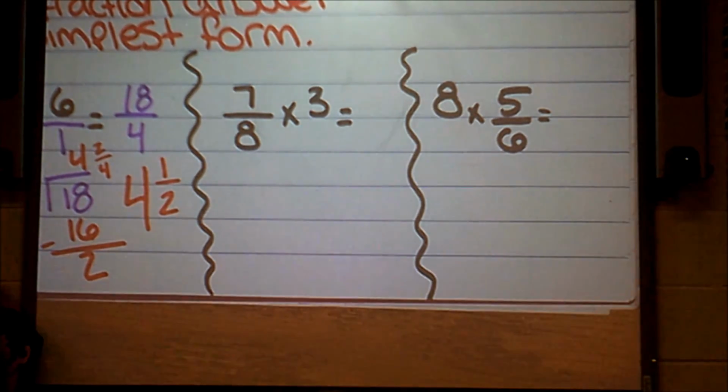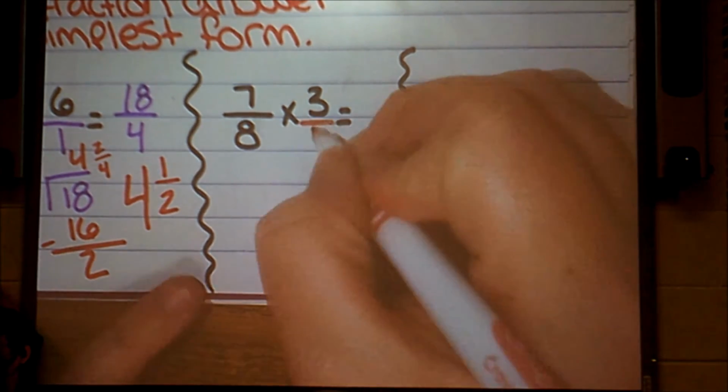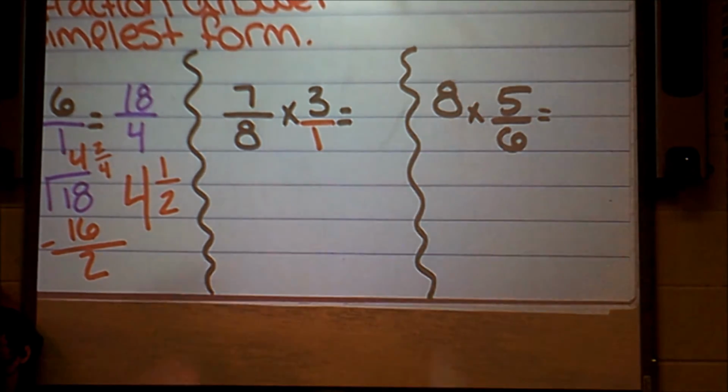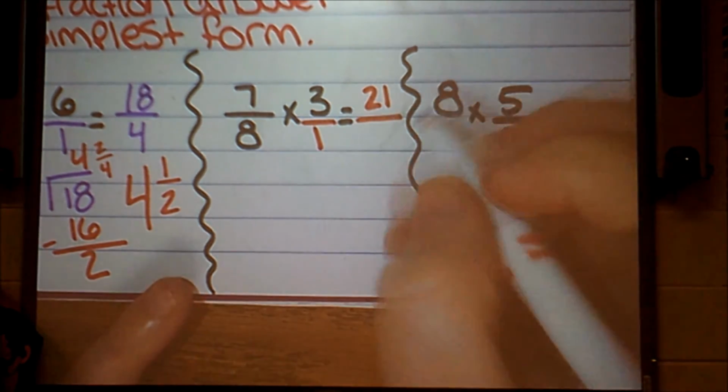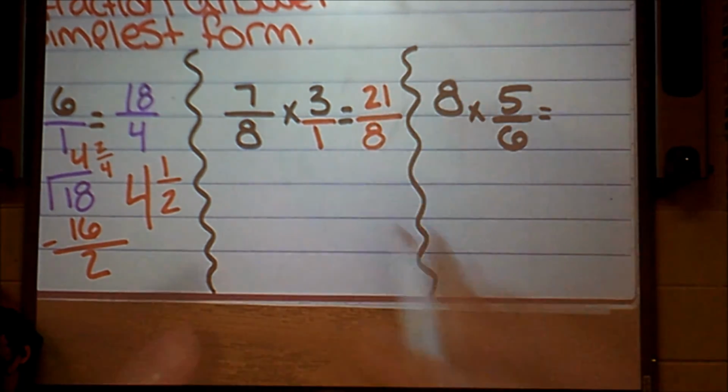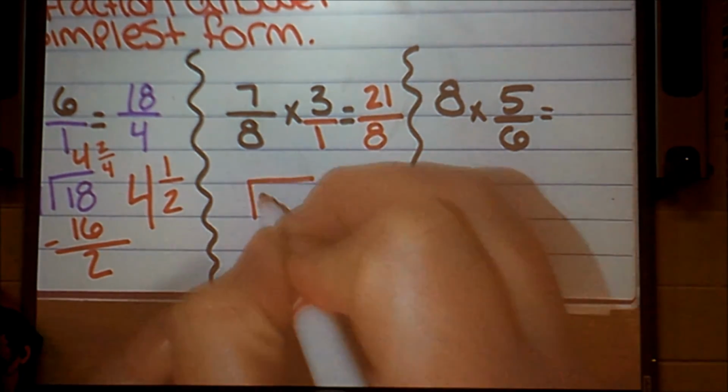7/8 times 3 over 1, of course. 7 times 3 is 21. 8 times 1 is 8.